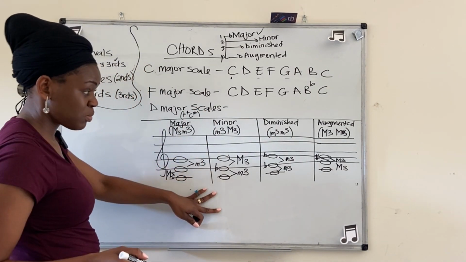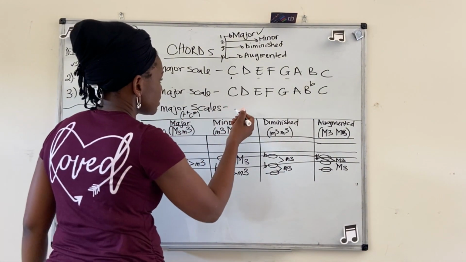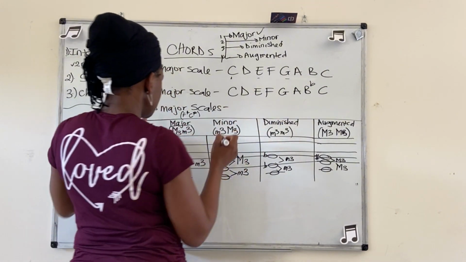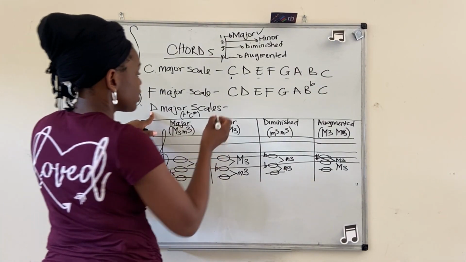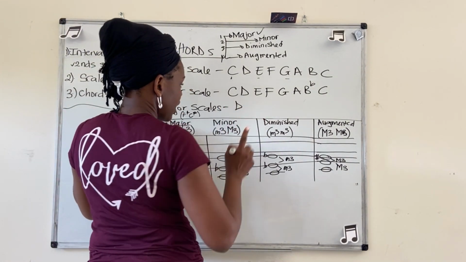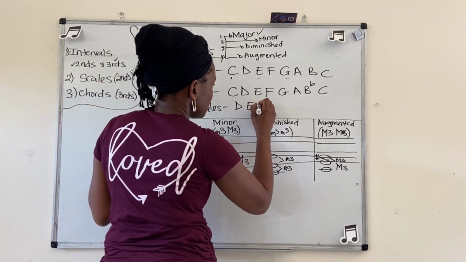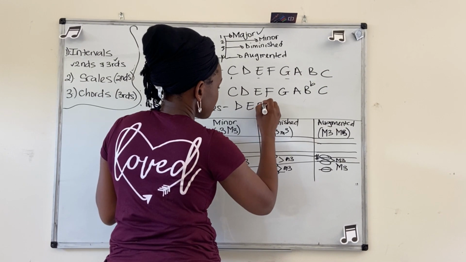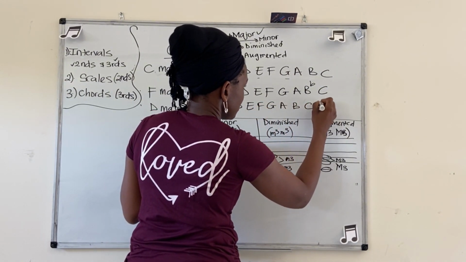I want to see how this formula is going to apply in a scale that has sharps. So we'll start with D. It starts with a tonic, or the key note, and it ends on the same note. I told you that in the scale we don't repeat any letters. So we're going to have D, E, F, G, A, B, C, and D.